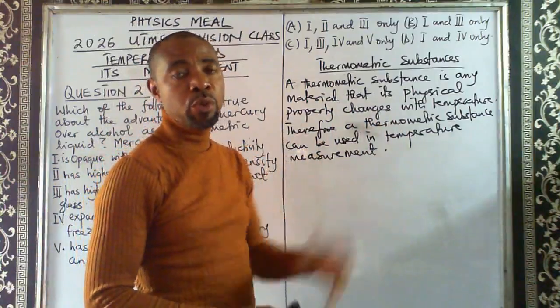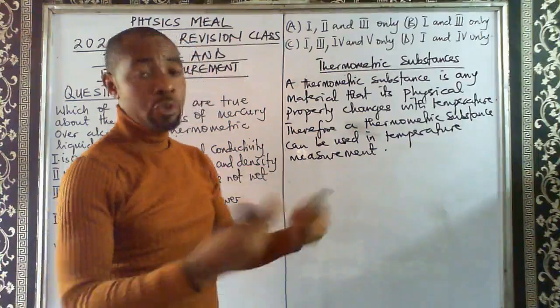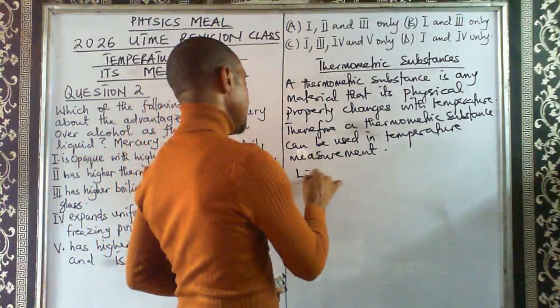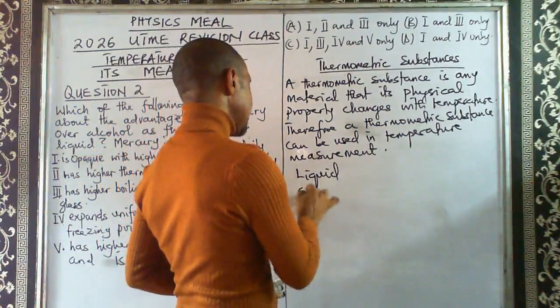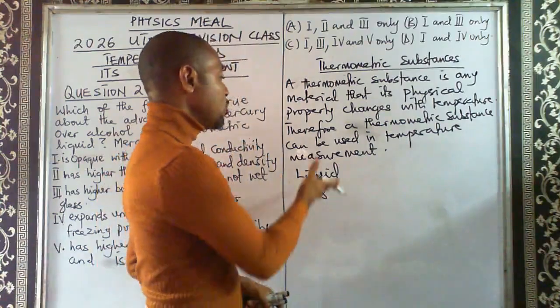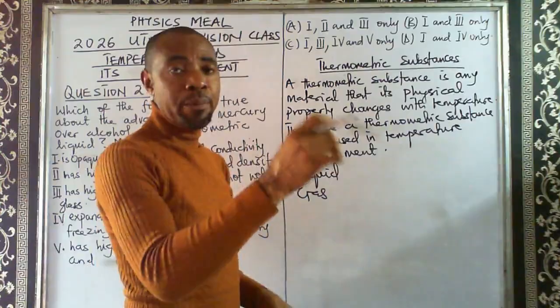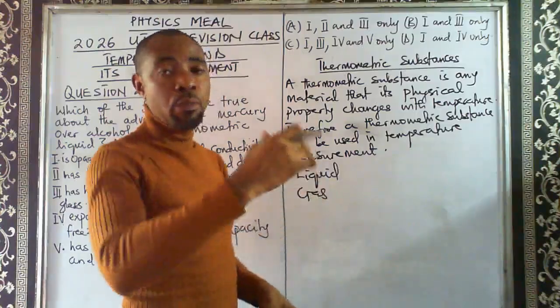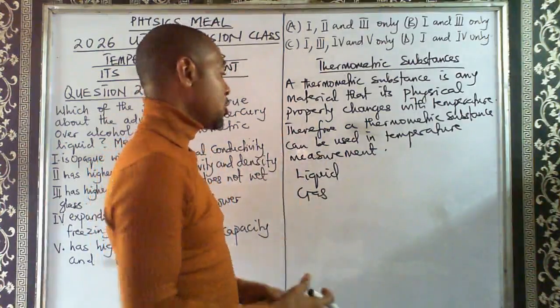We have so many thermometric substances. A liquid can be a thermometric substance. Gas can also serve as a thermometric substance. That means we can use a physical property of a liquid or of a gas to measure temperature.